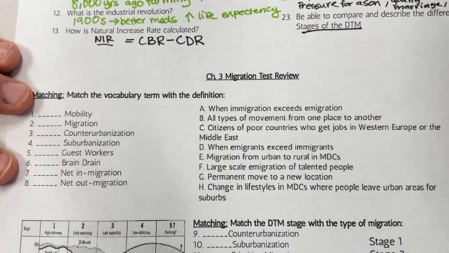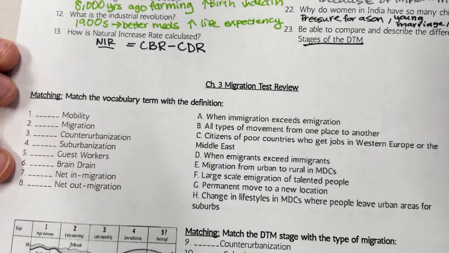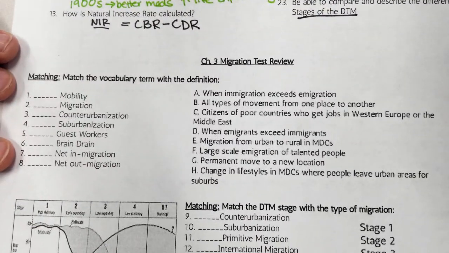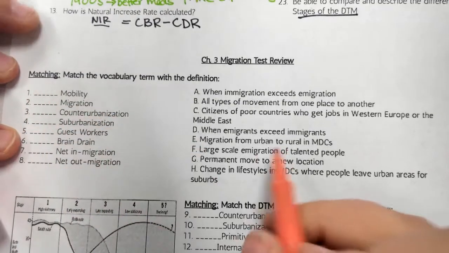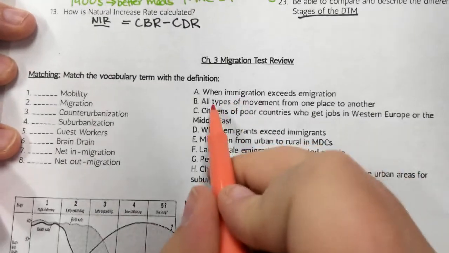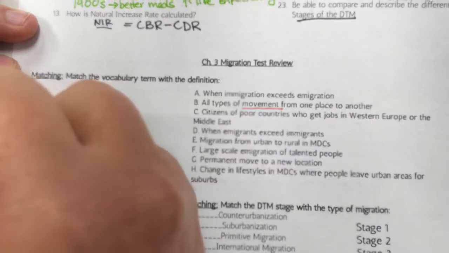Alright, so now for this next one we're looking at Chapter 3, Migration, Test Review. When we're looking at migration, hopefully when you do the matching here, mobility is the ability to be mobile, the ability to move. Mobile, when we look over here, is all types of movement from one place to another.